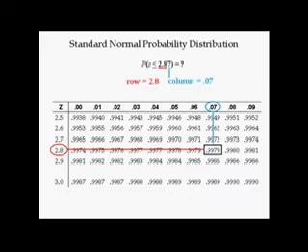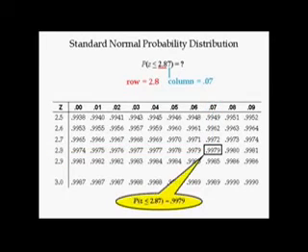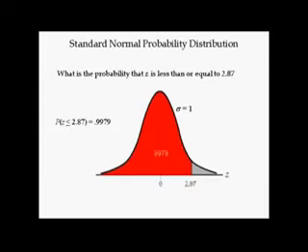The intersection of these two is 0.9979. Thus, the probability that z is less than or equal to 2.87 is 0.9979. We label the red area 0.9979. So the probability that z is less than or equal to 2.87, again, is 0.9979.